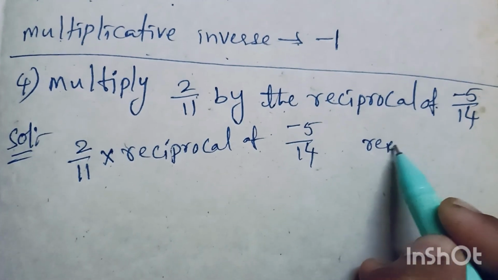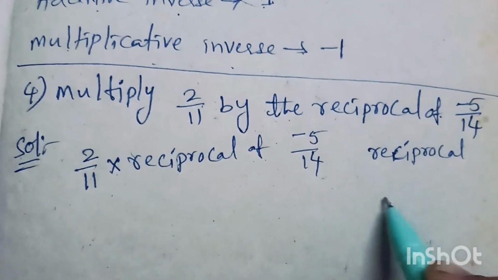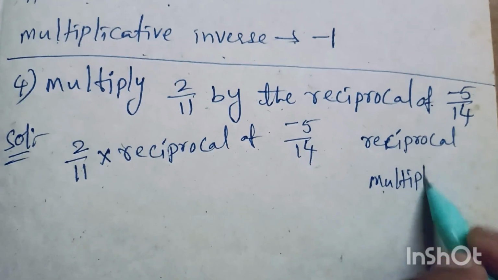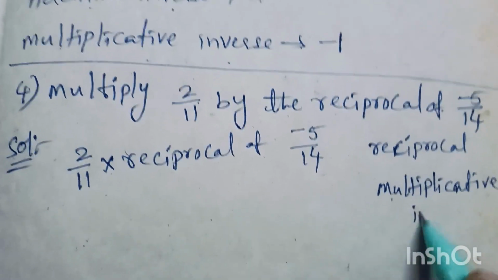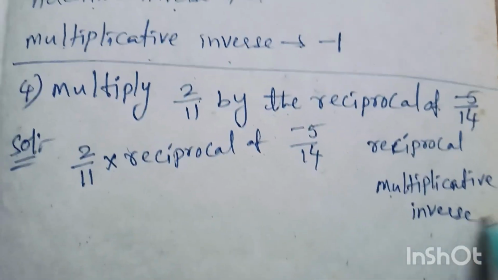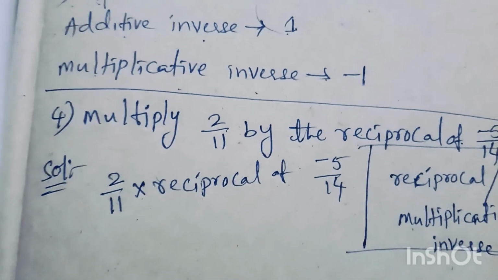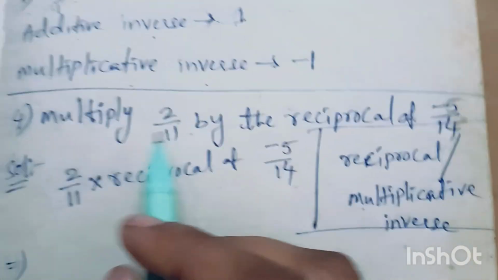Reciprocal and multiplicative inverse both are the same. Okay, reciprocal or multiplicative inverse, both are the same. Now here what we have to do: first read the question properly, then after you can solve easily.